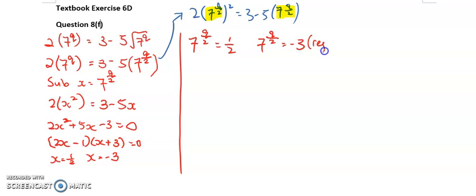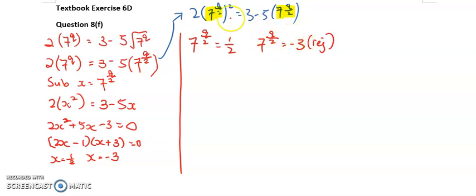We have to reject this, because for a positive base, whether q over 2 ends up being a positive or a negative number, you will get a positive overall value. No matter if q over 2 is positive or negative, it is not going to change your positive base of 7 to a negative number.